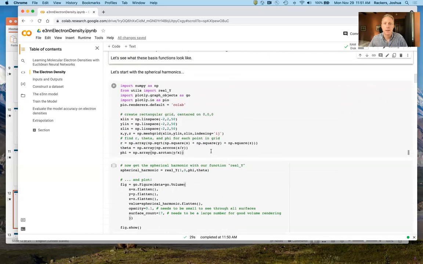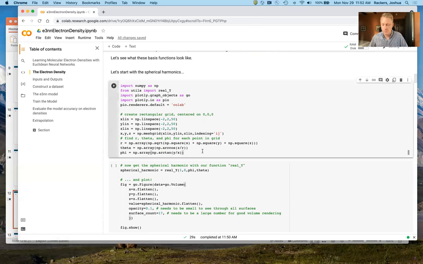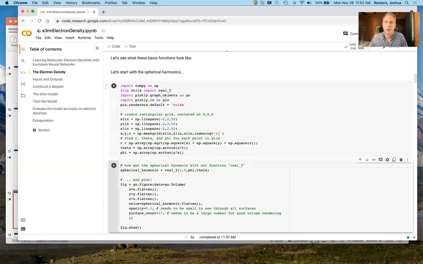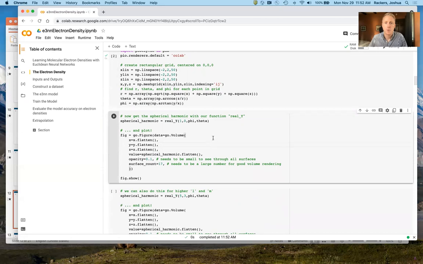Okay, so let's look at the spherical harmonic part first. So first, we're just going to create a grid here from -2 to 2, and we're going to find r, theta, and phi for every point on that grid. And we're going to need r, theta, and phi for what we're going to do next, which is to plot the spherical harmonics.